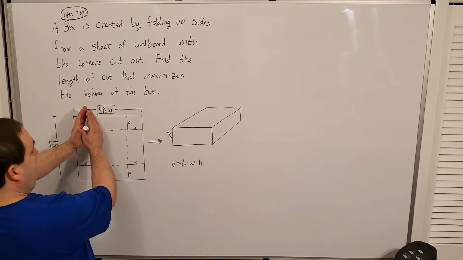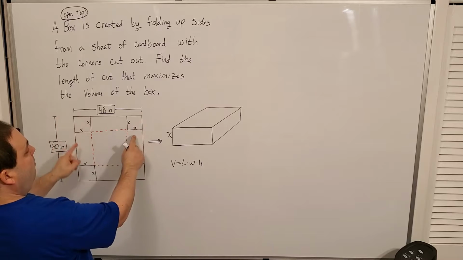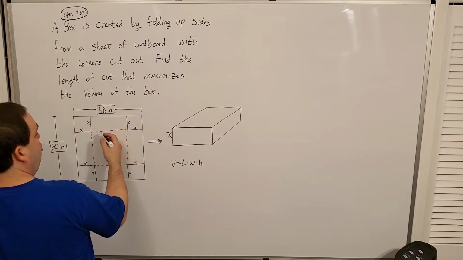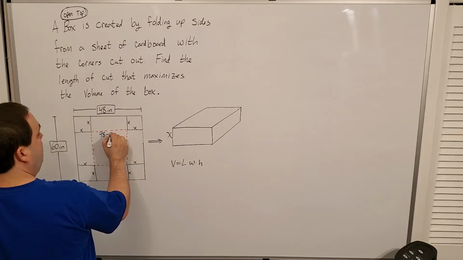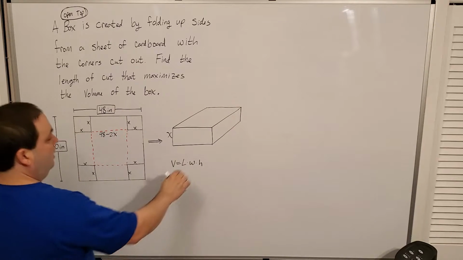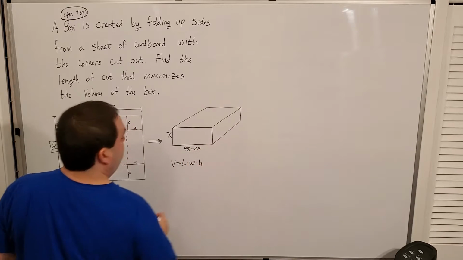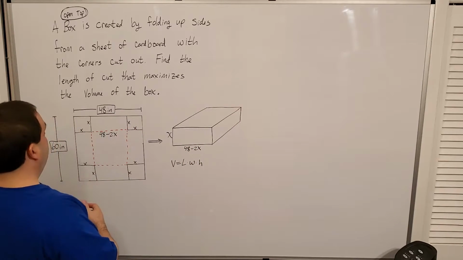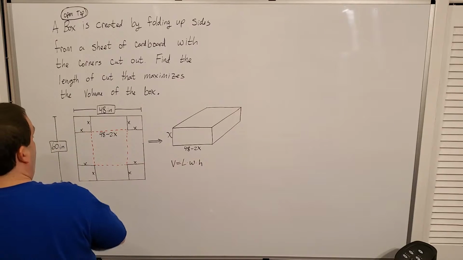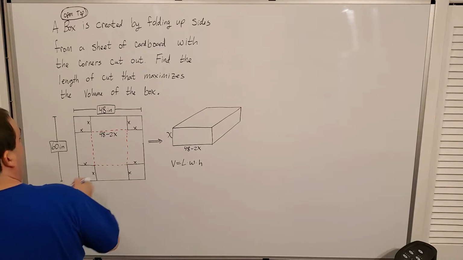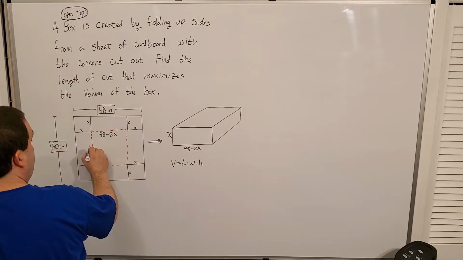Well, originally this one was 48, but I cut an x and an x. So this new measurement is going to be 48 minus 2x. That's going to be this width right here, 48 minus 2x. And then same idea for the 60 here: the width is going to be the original 60 minus 2x from here to here.